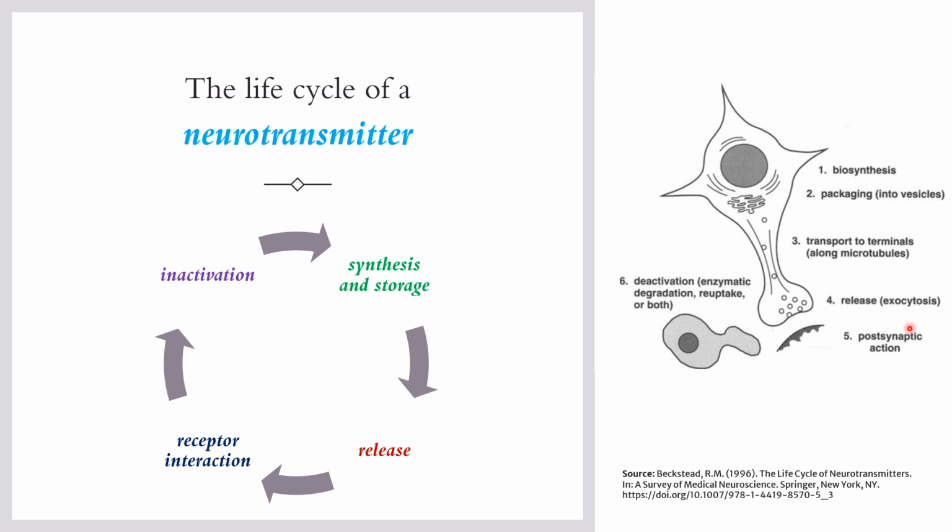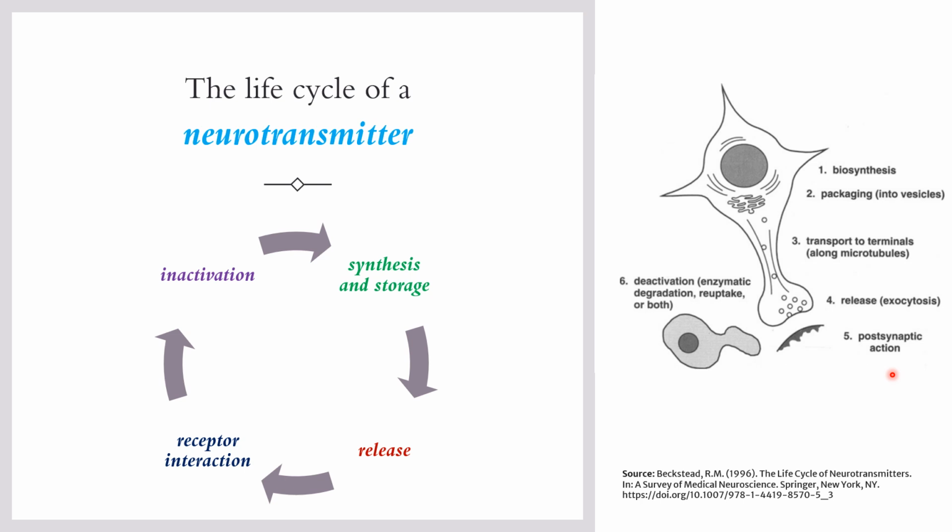The neurotransmitter will bind to the receptor on the postsynaptic membrane, and the reaction will be either to excite or to inhibit the next cell. And the last phase is the inactivation. Once the neurotransmitter has acted on the receptor, it must be removed to prevent prolonged signaling.